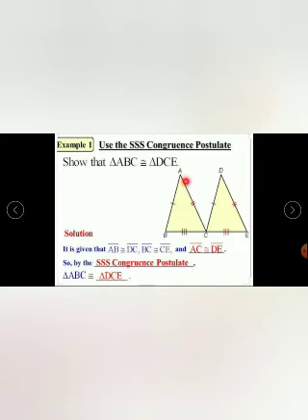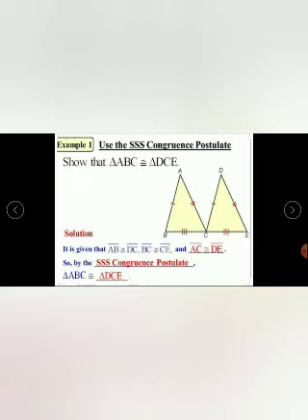That is the meaning of this indication, one marking. Similarly, the side AC and DE will be equal because these two sides are marked with 2 markings. And the side BC and CE will be equal because they are marked with 3. So, this marking means these sides are equal. So, according to the figure, we got AB equal to DC, BC equal to CE and AC equal to DE.